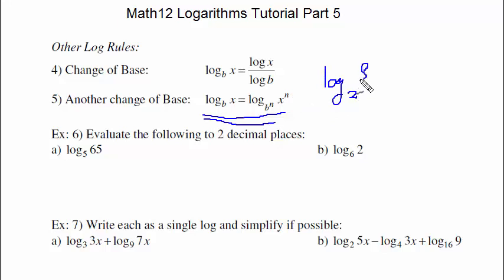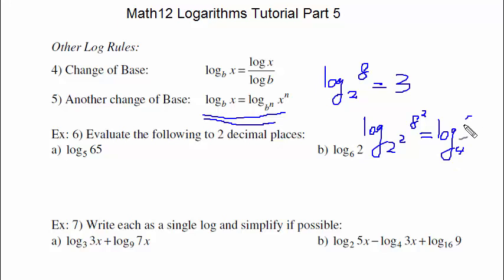How much is this? 2 to the power of what equals 8? 3. So I can do log base 2 squared of 8 squared, which is log base 4 of 64. We all know 4 to the power of 3 equals 64, so it's still equal to 3. I didn't change anything. So I can apply the same power on both the base and the argument.